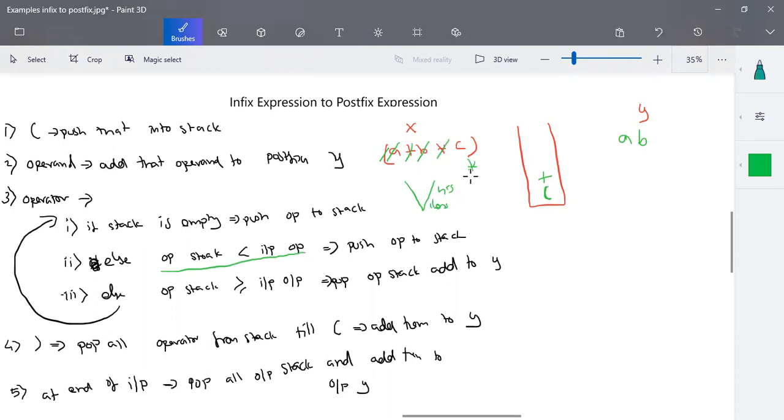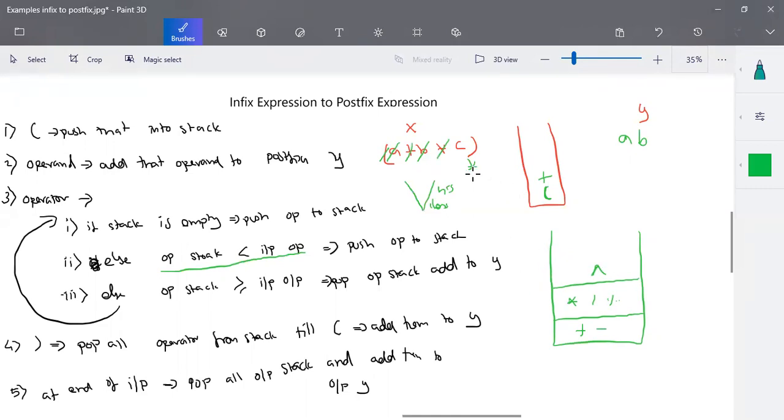Now you can note it down: plus and minus have lower precedence, followed by star, slash and modulo, which have equal precedence, and then the power operator. Plus and minus have equal precedence, which is low compared to star, slash and modulo, and star, slash and modulo have equal precedence which is less compared to the power of operator.